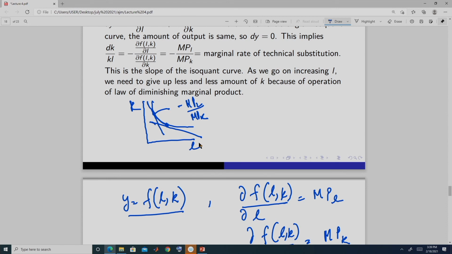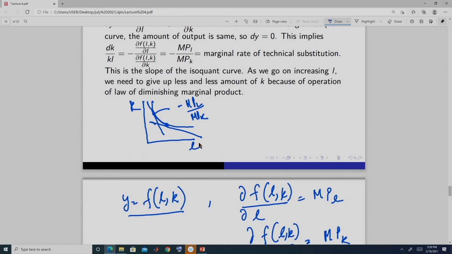As we keep on increasing labor, the additional output that we are going to get goes down if we keep the amount of capital fixed. We do not want to increase the output, we are moving along an isoquant. So, the amount of capital that I have to give up is going to be less, because the additional output is also less.